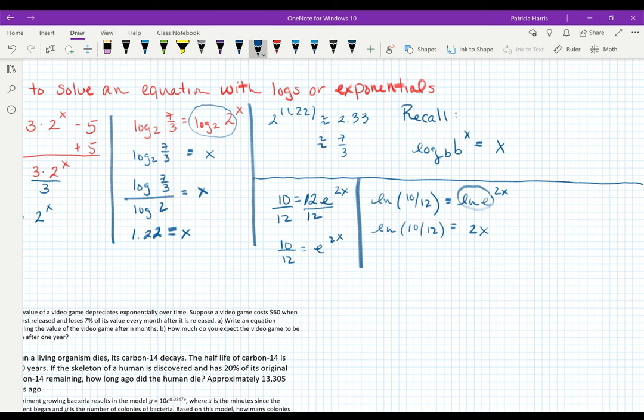Now, 99.9% of calculators have an ln button on them, or a natural log button, so I'm going to go ahead and use that. I'm going to divide by 2. So I'm going to type this into my calculator, natural log of 10 divided by 12, and then divide again by 2 equals x. And I get negative 0.0911.